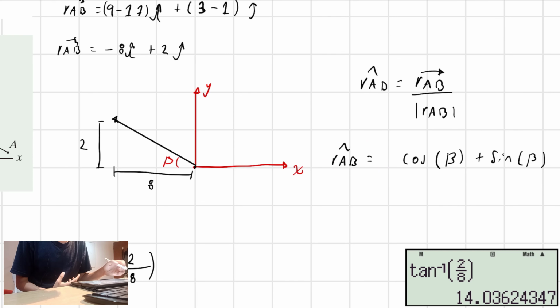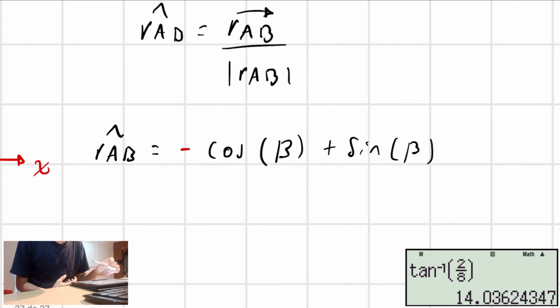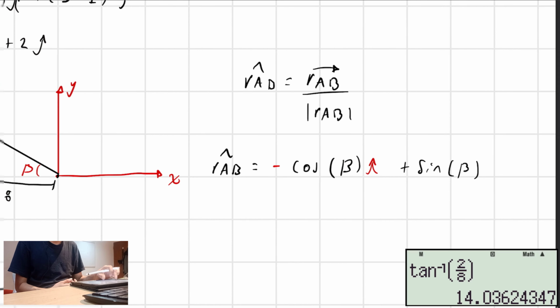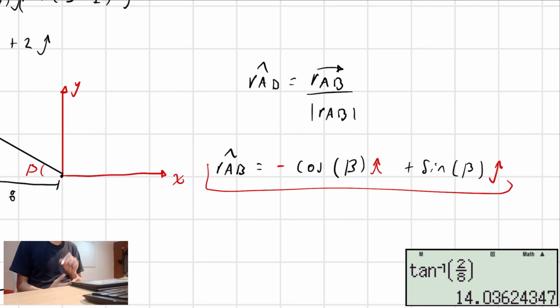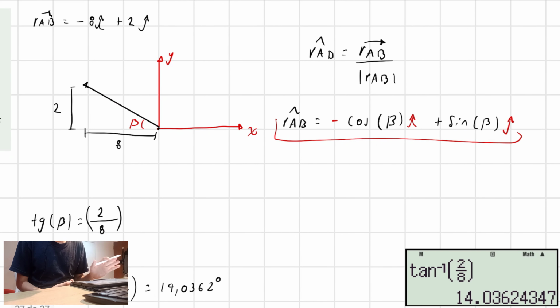Now, this is negative, and this is regarding the x-axis, the cosine. That means that right here we have our first component. The second one is positive, and it is regarding the j component. Right there we have our unit vector. Now that I've explained the two methods for us to determine the unit vector, we're going to solve the exercise.